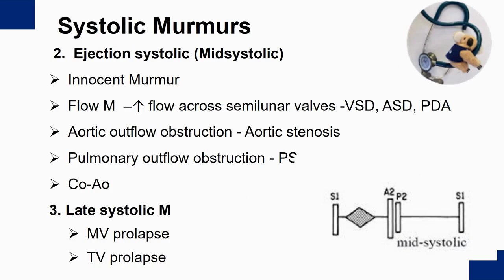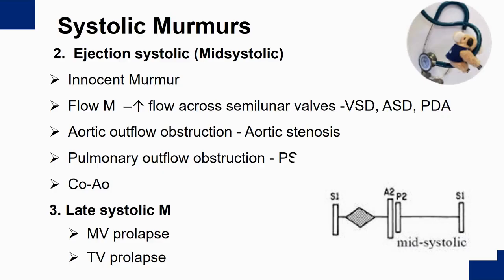Next systolic murmur is ejection systolic murmur, also known as mid-systolic murmur. This is heard in the middle of the systole. If you see in this picture, S1 and then S2, in between is a diamond-shaped murmur; this is ejection systolic murmur. This murmur is heard in conditions like innocent murmur, and all the flow murmurs across the semilunar valve which occur in VSD, ASD, PDA are ejection systolic murmurs.